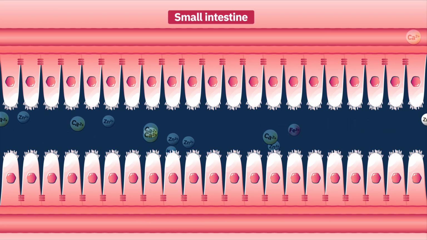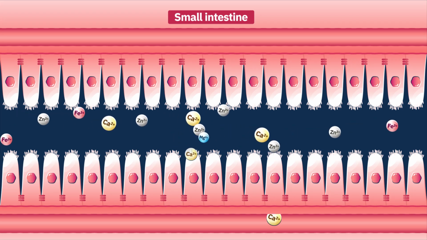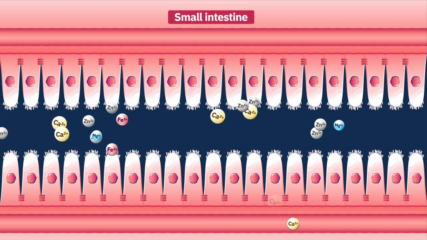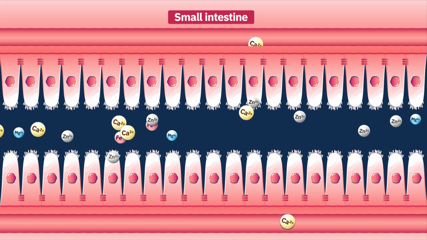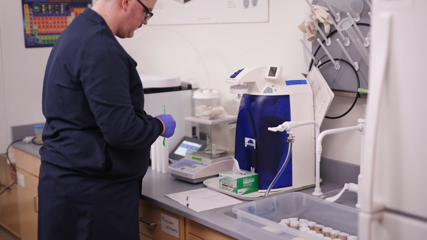Imagine such interactions for all the elements, and then further expanding these interactions between all the tens of thousands of biomolecules in the foods that make up our diets. While we know that elements are important for the health of people and ecosystems, we don't always know how much we're getting or how efficiently we're absorbing them. This is where the importance of measuring elements in food through ionomics comes in.